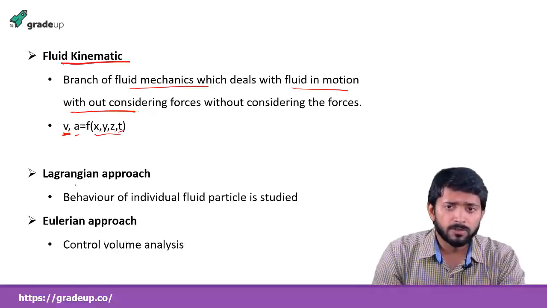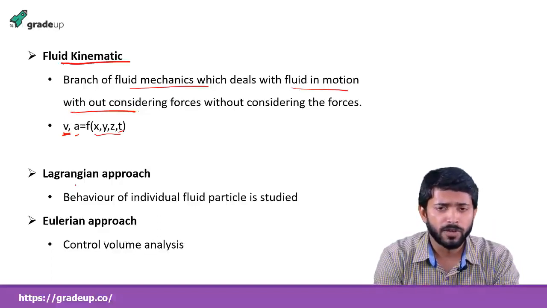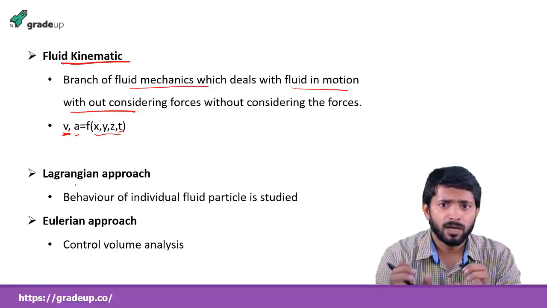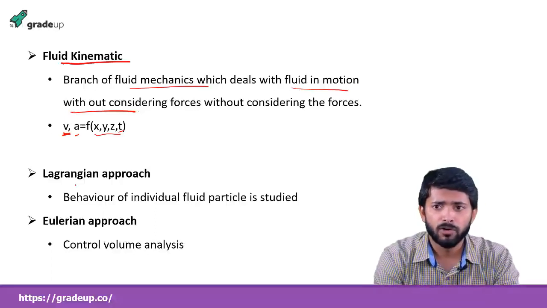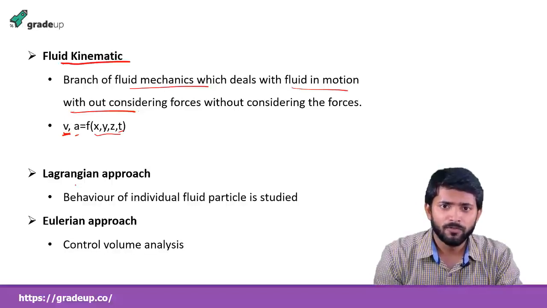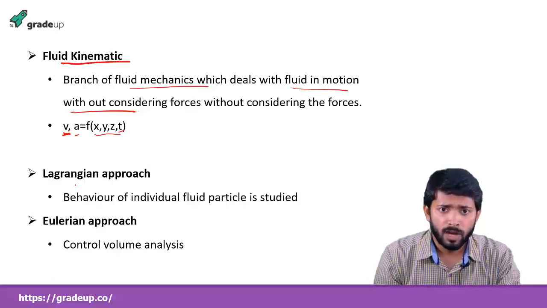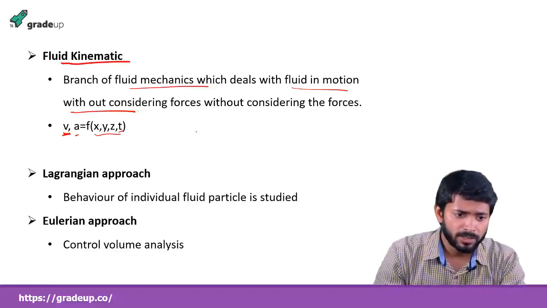Now in 12th class you have already studied an approach where we deal with a body, like when we talk about a collision occurring between two bodies. For this analysis we take the body and analyze what the velocity and acceleration of a body is which is going to collide with another body.